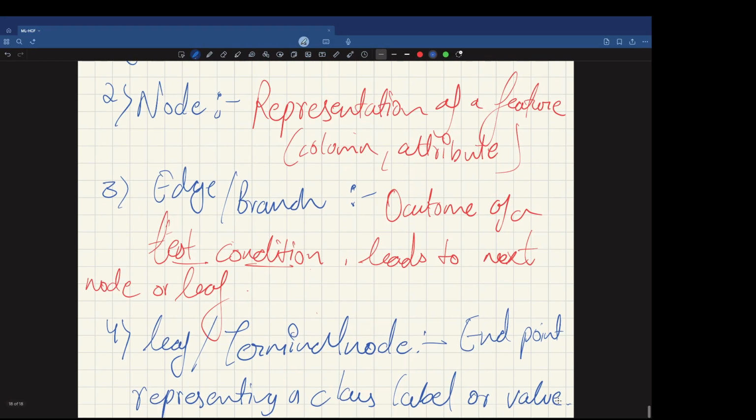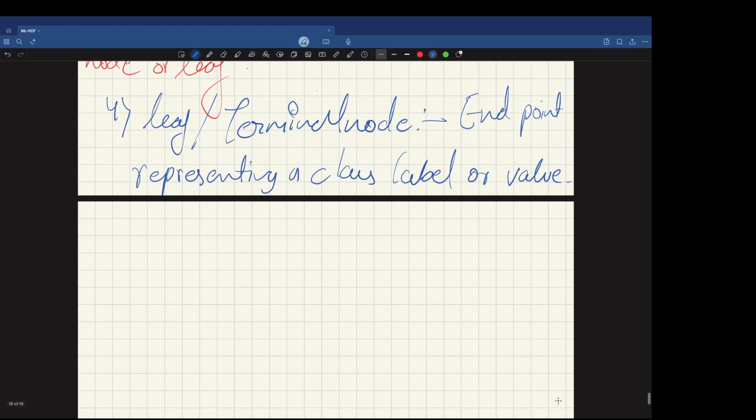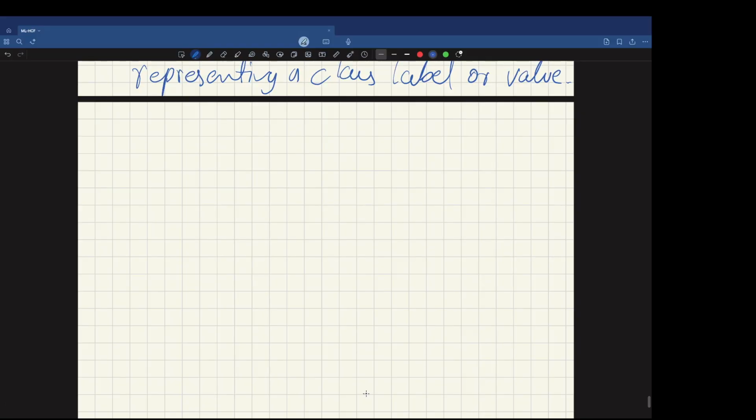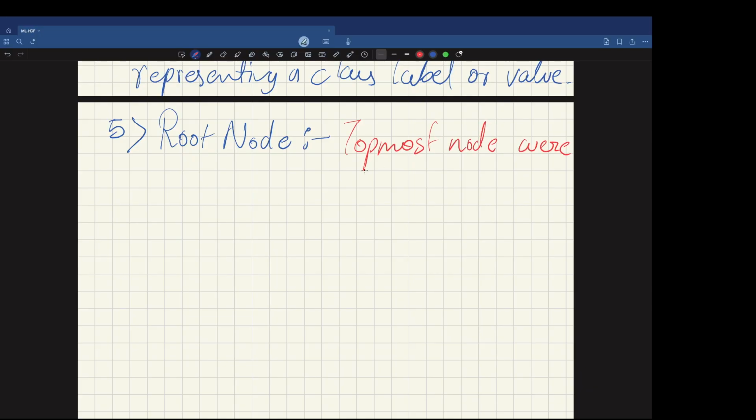Okay, then we'll create one more page. Then the fifth topic, nothing but your root node. What is root node? Nothing but your topmost node where splitting starts.